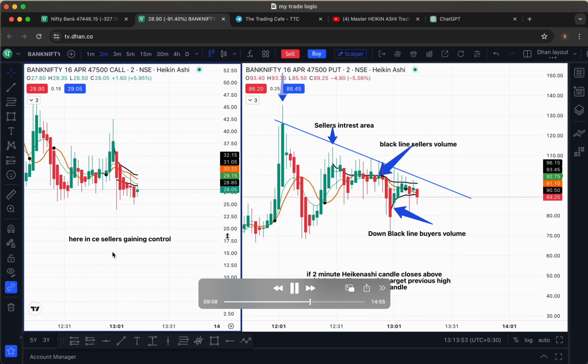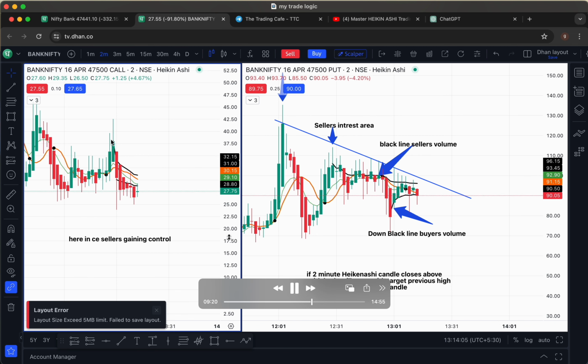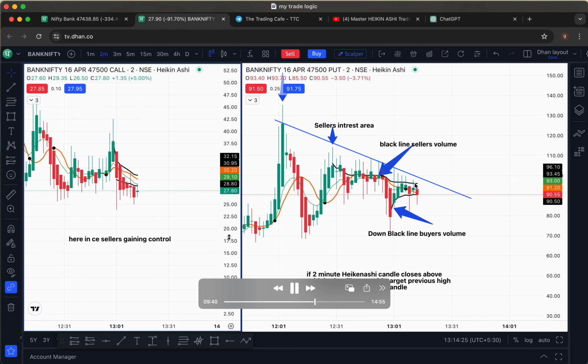It itself indicates CE sellers are gaining control over the buyers, so that will be reflected in the PE. Understood the logic? See here, it is above the black line, because that indicates buying volume is good, but it is below the sellers' line, so there is no entry. The selling pressure is there, and the buying pressure is also there, and a fight is going on. It is a consolidation.